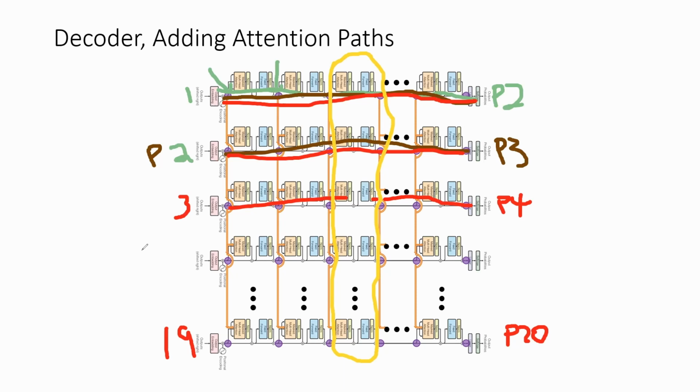So that's during the generative mode. When you're in the training mode, you already know what the 1 through 19 tokens are. So you do one forward pass through all the layers to generate P2 through P20, and then your loss function is the difference between P2 and the actual ground truth token 2.